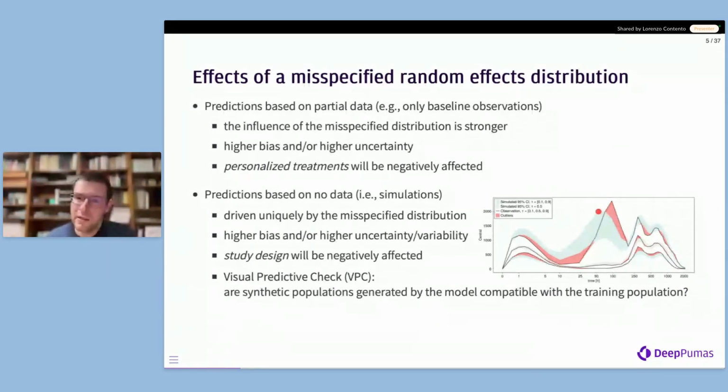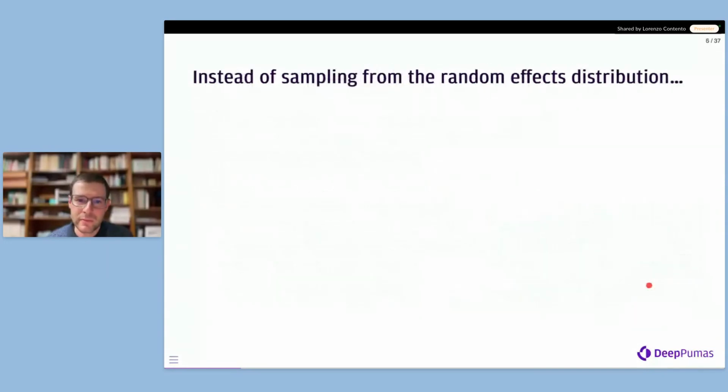But if they lie outside, then there is an indication that there is a discrepancy between the two distributions, the one defined by the training population and the one defined by the model with its misspecified random effects distribution.